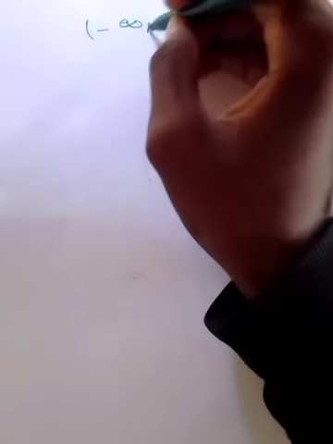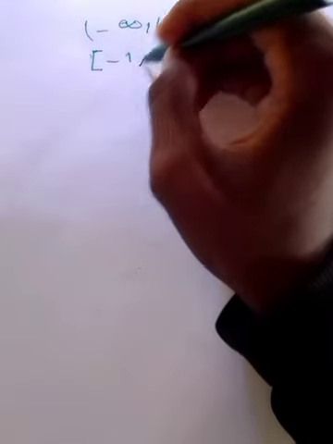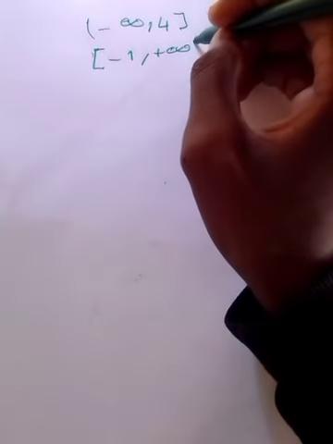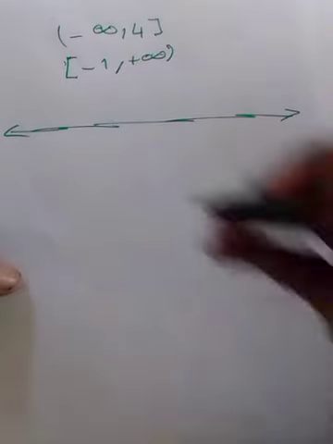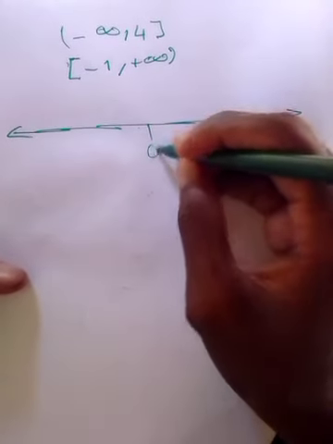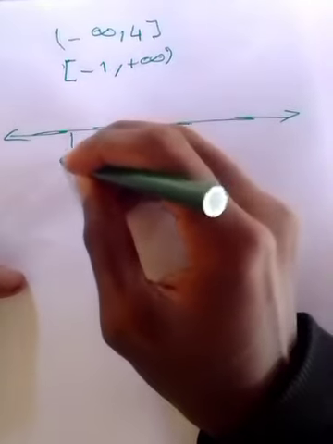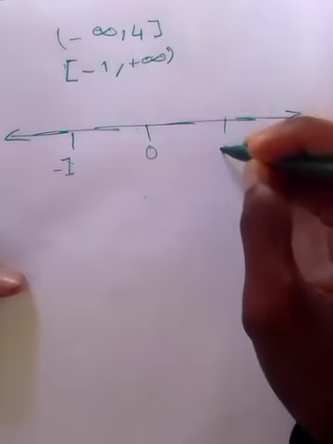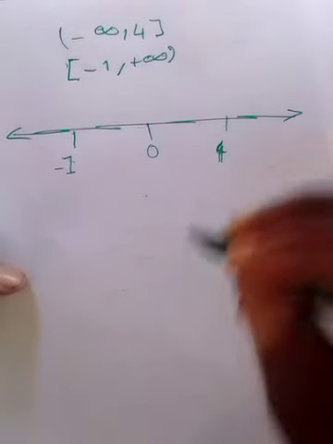The first one was negative infinity to 4, and the second one was negative 1 to positive infinity. Okay, so I'm going to draw the number line. I'm going to assume a 0 here, here I'm going to assume I have negative 1, and here I'm going to say I have positive 4. First, let's put this on the number line.